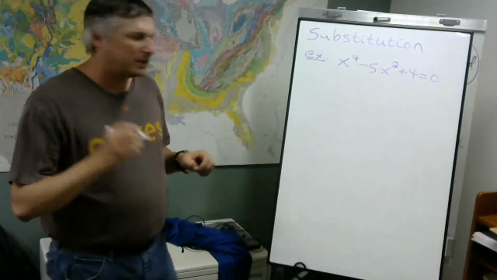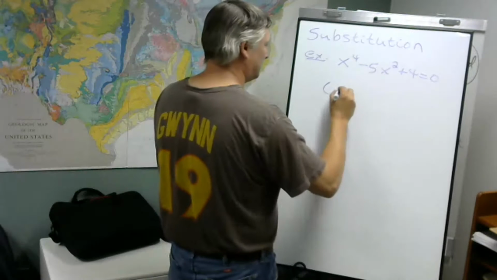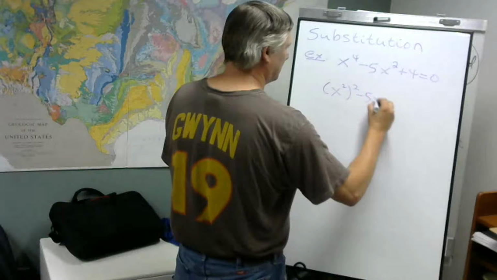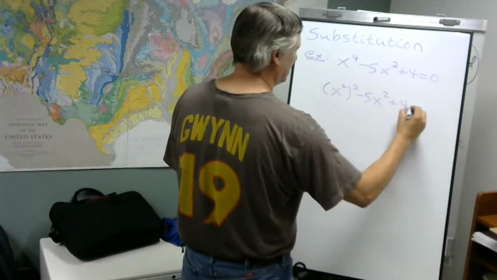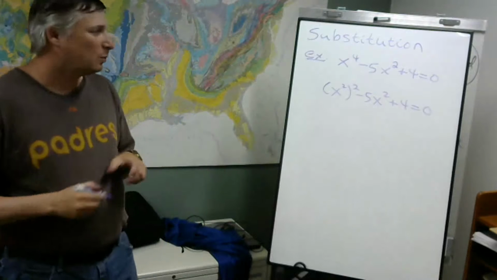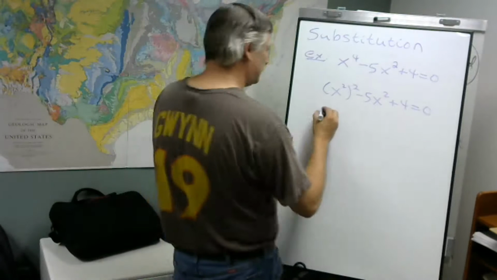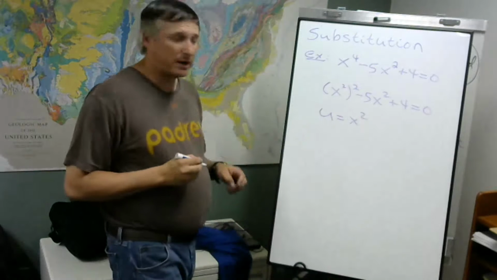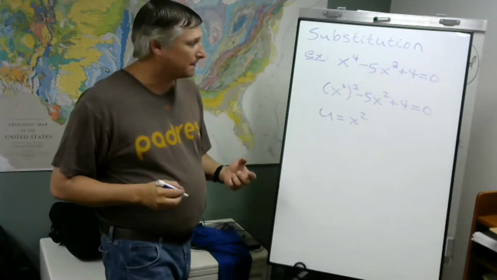A trick here is this. So what we can do is let u be x squared. This is called a u substitution.